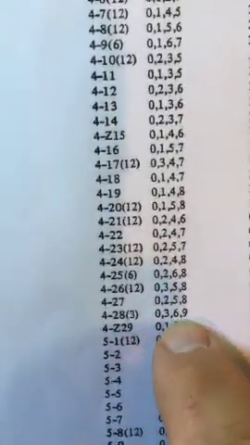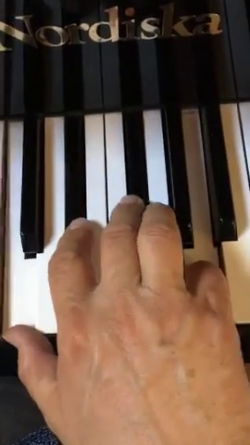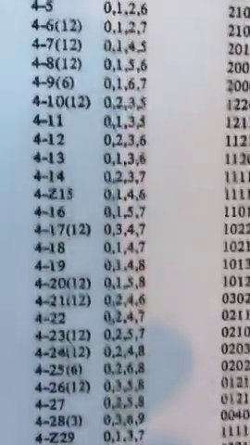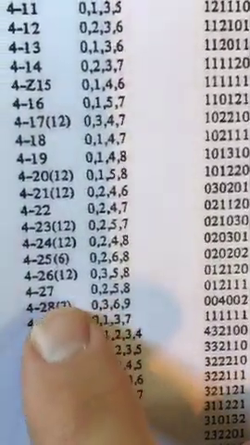We could look at some more complex ones. Okay, how about this one? 0, 3, 6, 9. You'll recognize that as the diminished seventh chord. But the 0369 is kind of unique. Let's look at the 0369 again. Right here, 4-28.